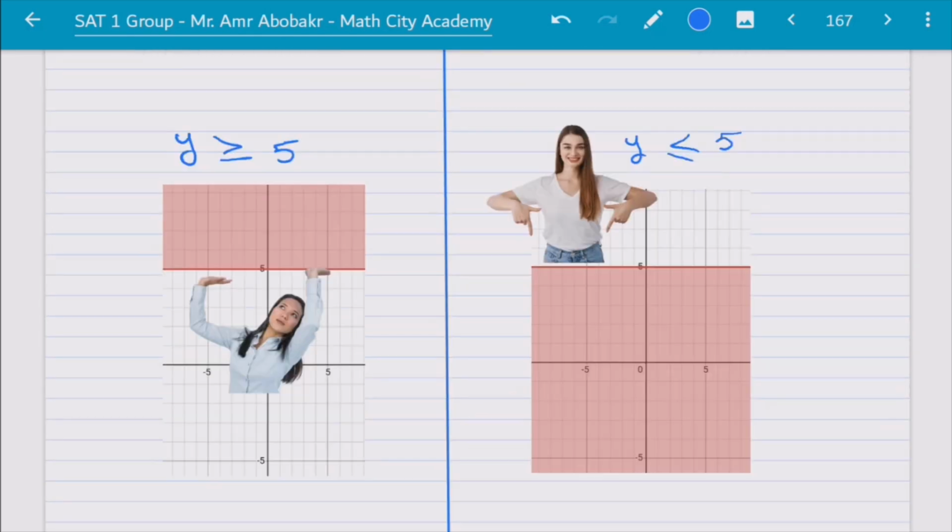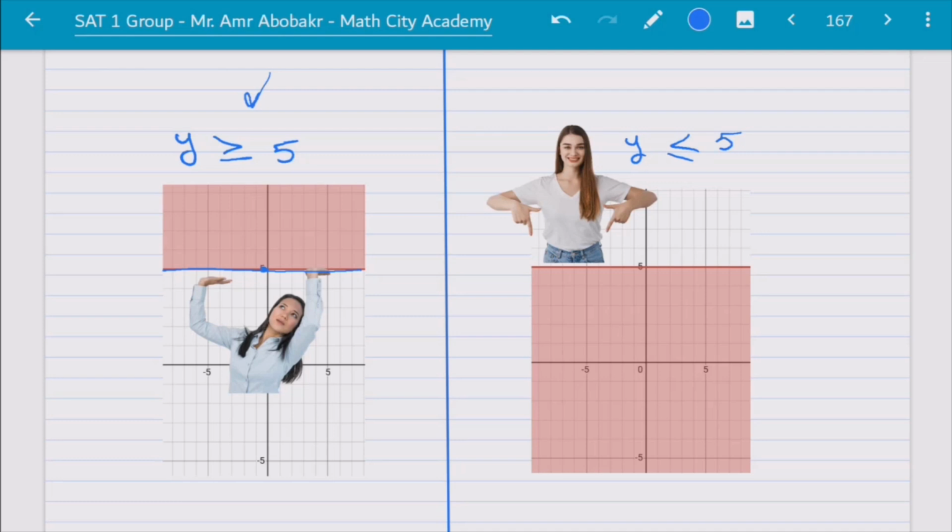Another example, if he asks you y is greater than or equal to 5, because he asked me y, I'll draw a line which is parallel to the x-axis. So we have the x-axis here, and I'll draw a continued line from 5. Which area will I color?